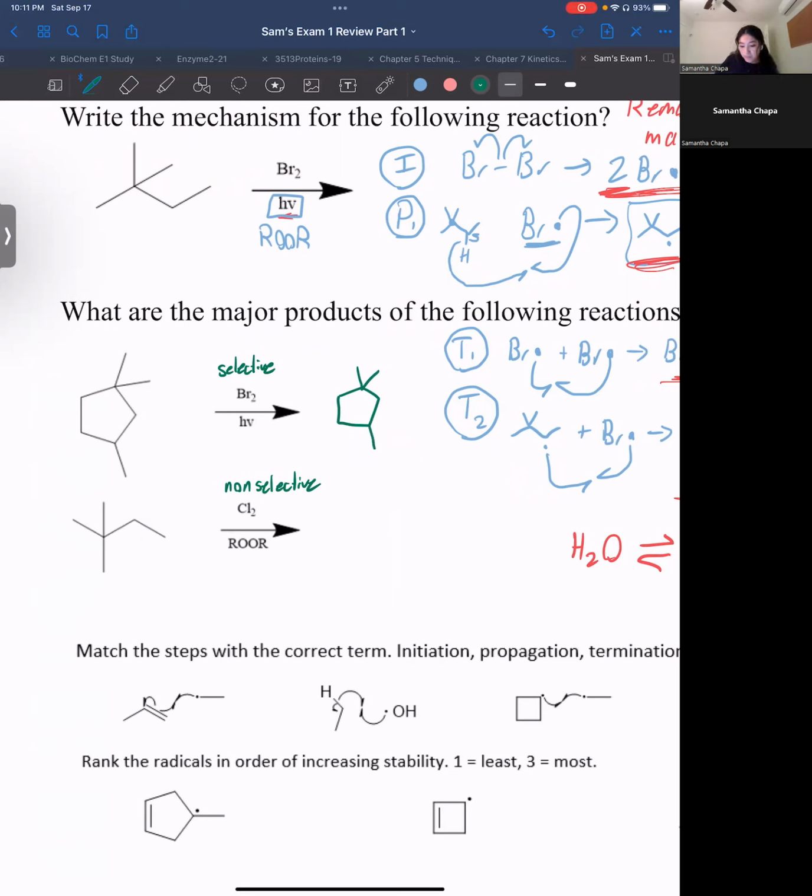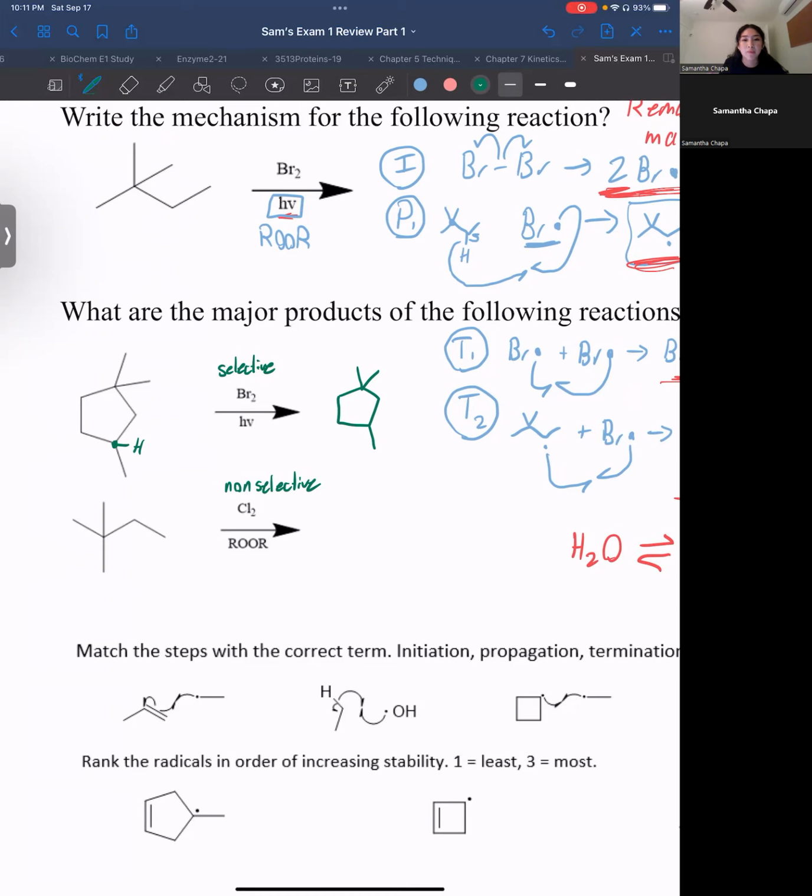Here are what would seem to be all of my possibilities. There's one right here. This one is a tri-substituted carbon with a hydrogen on it. And then the next one that I see.